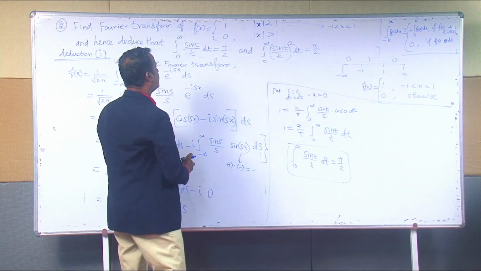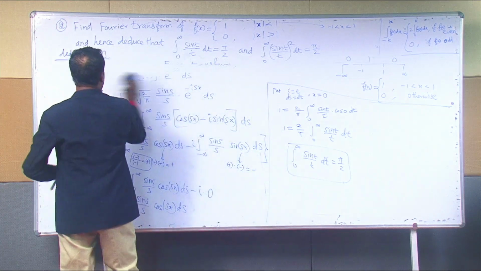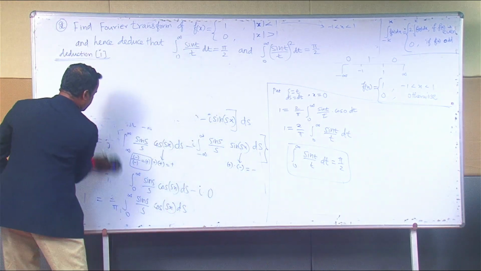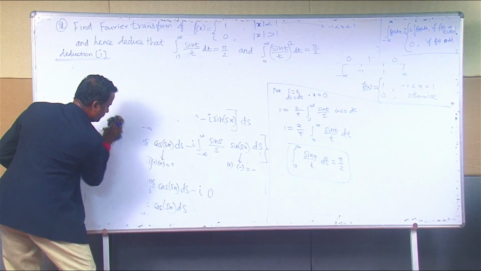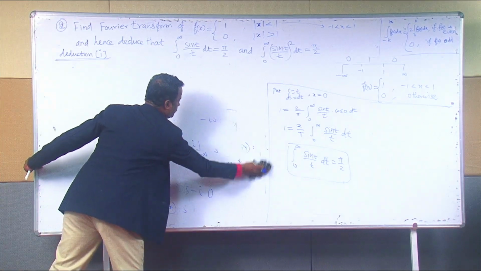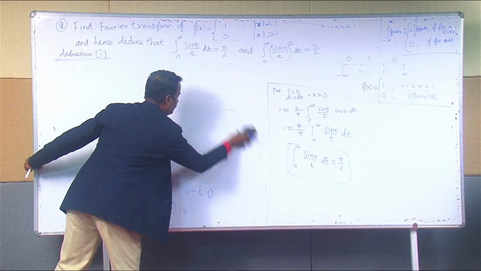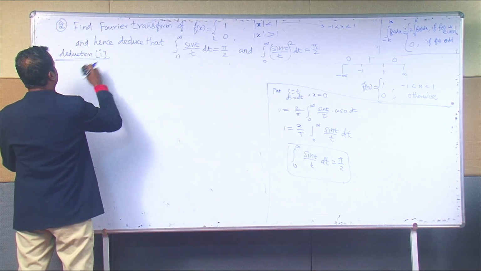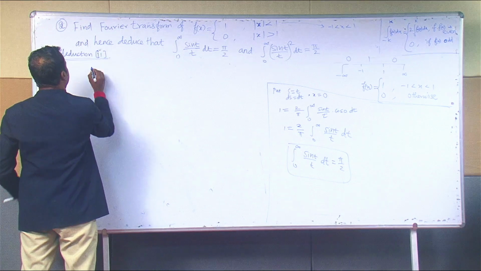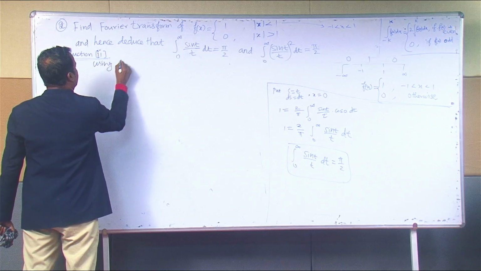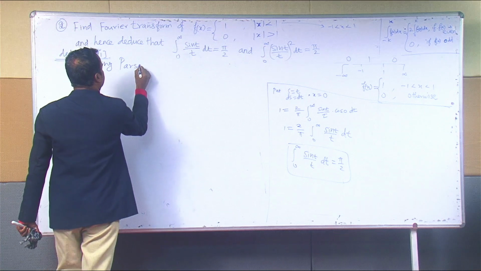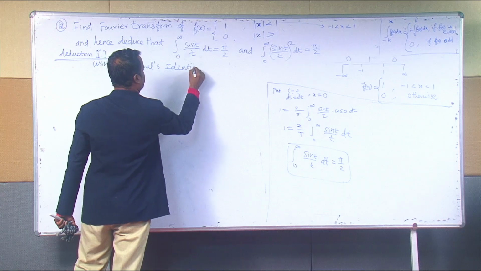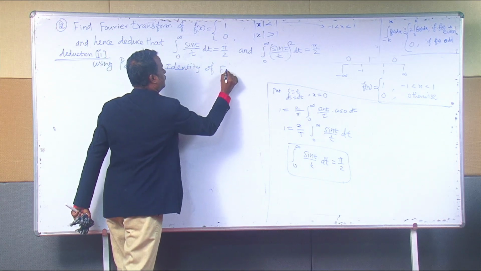And how to prove the second part of the deduction? By using Parseval's identity, we can prove the second part of the deduction. How to use Parseval's identity? To prove the second part of the deduction using Parseval's identity of Fourier transform.